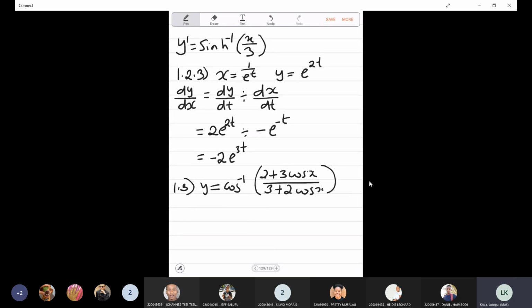Okay, so differentiating this, we will have to use the derivative of cos inverse. So remember, y prime, this is the derivative of cos inverse. In the numerator, we put the derivative of this function here. So it's negative. So first of all, I'll just write it the way it is.